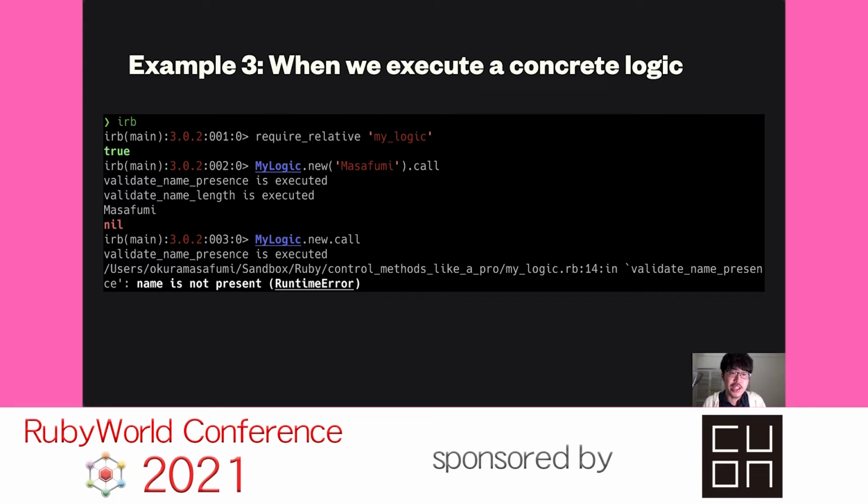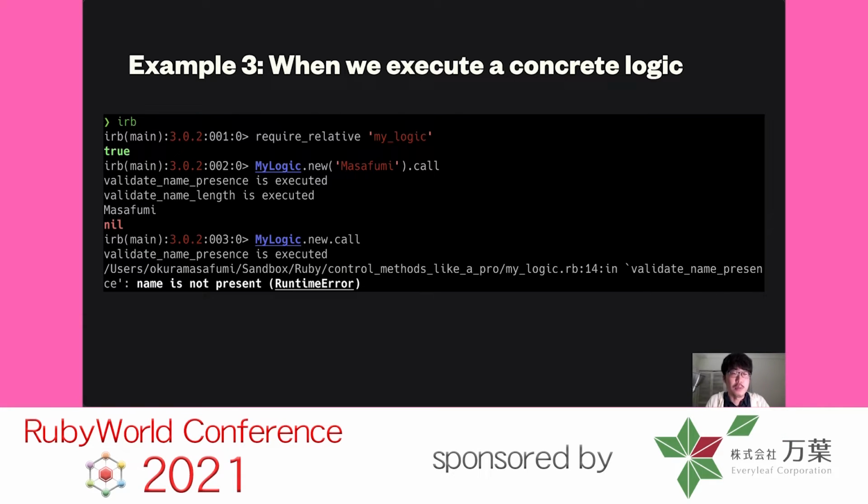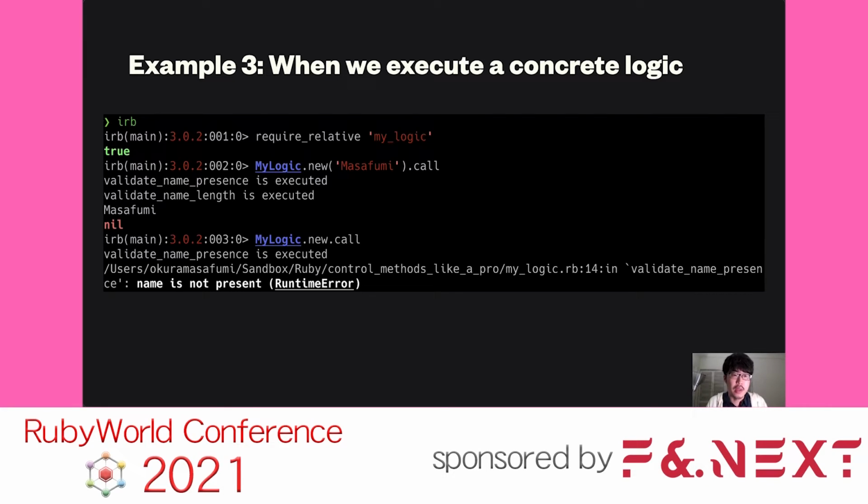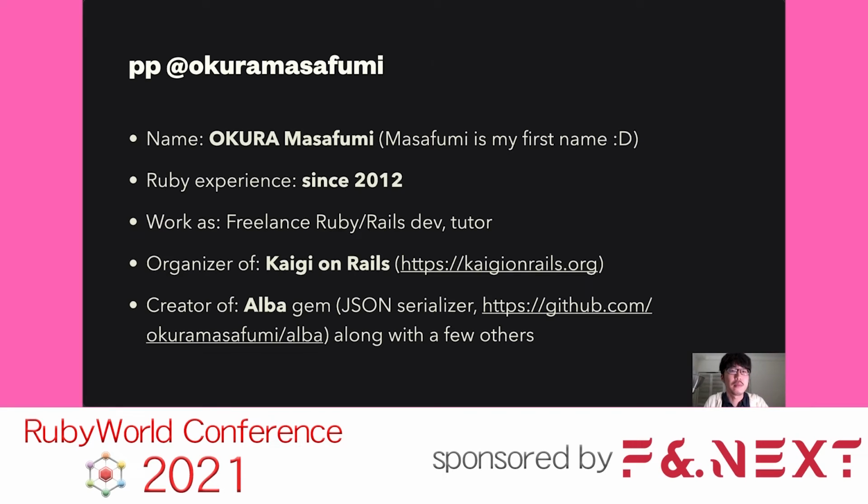But if we don't give the argument, if it's an empty name, it raises an error with the name of the method. So that's a way to use it. Of course, I can give many other examples, but let's leave it at that for now.